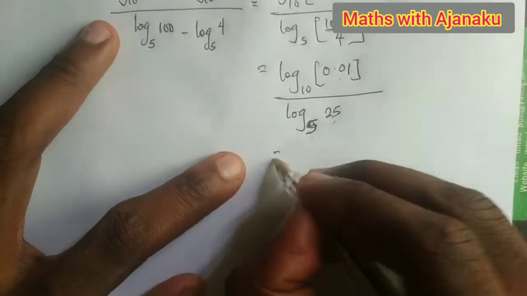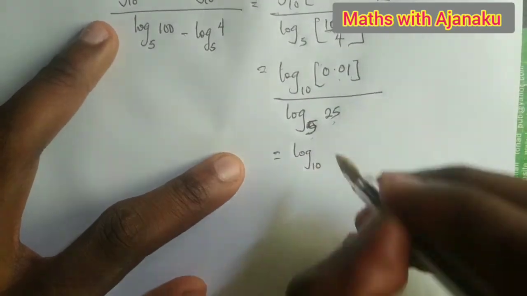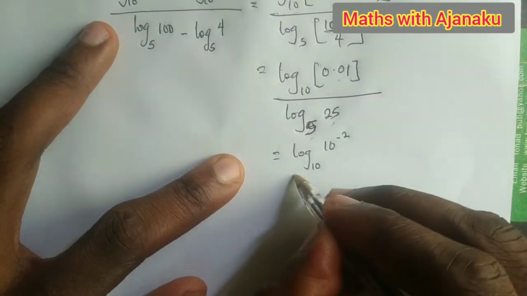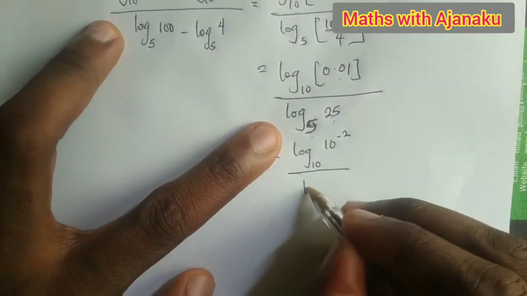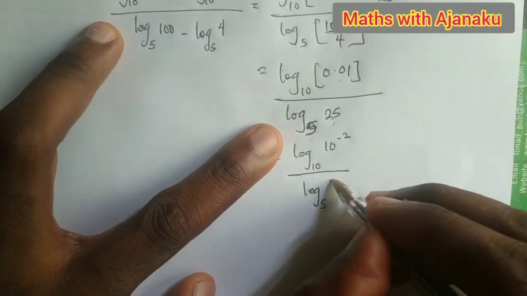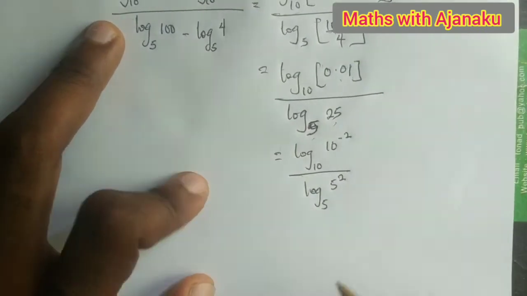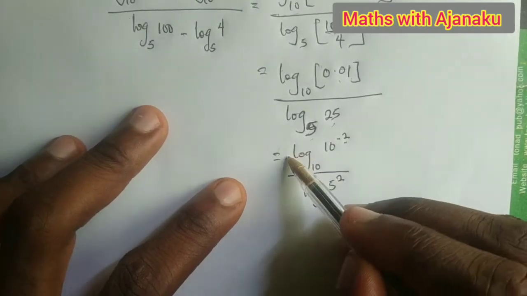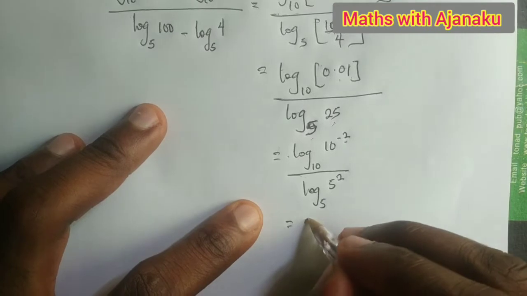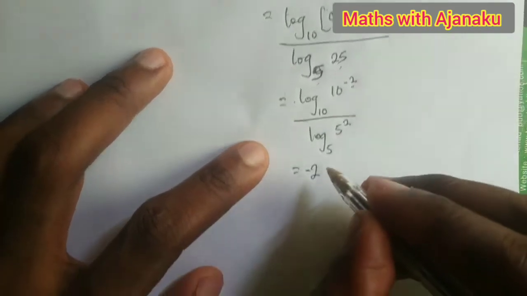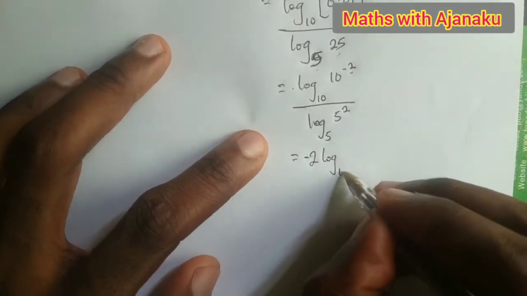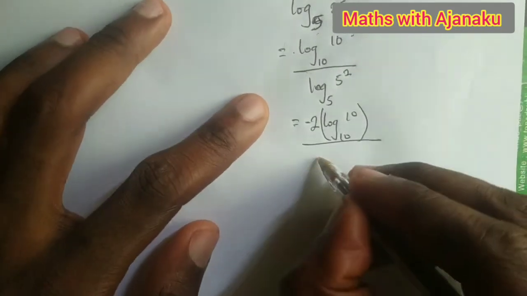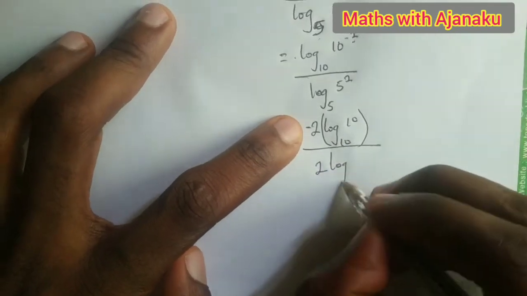So let's do that and see. This becomes log base 10 of 10 raised to power minus 2, over log base 5 of 5 raised to power 2. Now, using the third rule, when you bring this down, this becomes minus 2 log 10 all over 2 log 5.